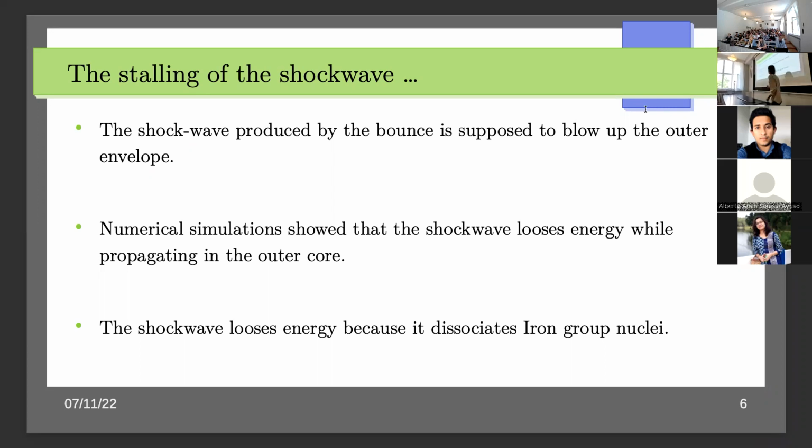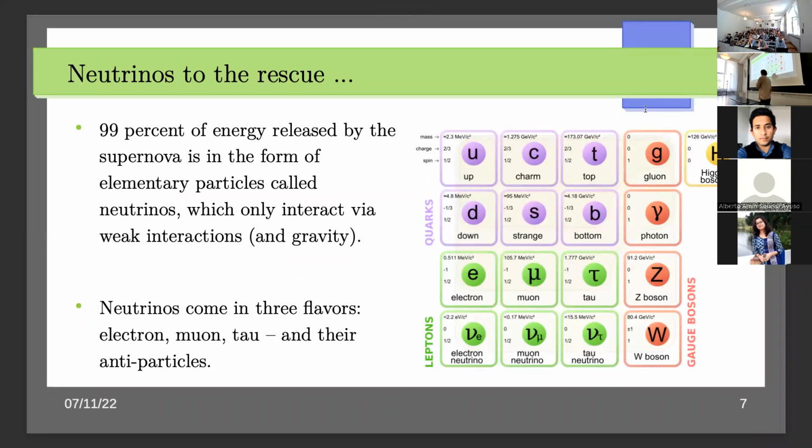Now, one thing that was realized is that when it comes to these supernovae, 99% of the energy is released in the form of neutrinos. So the question is, can we use neutrinos to revive this shock?